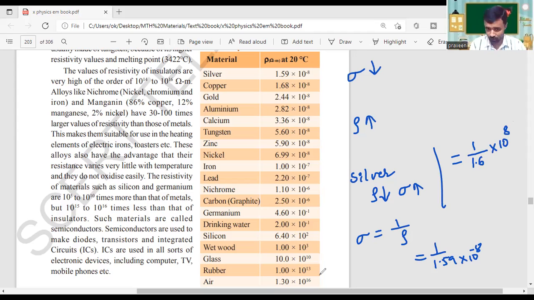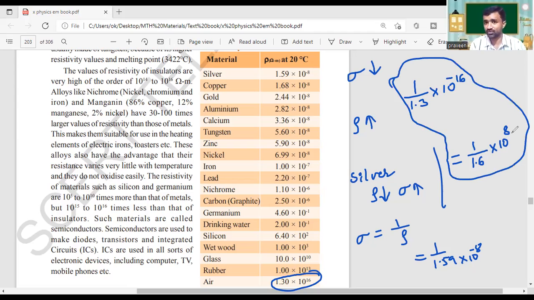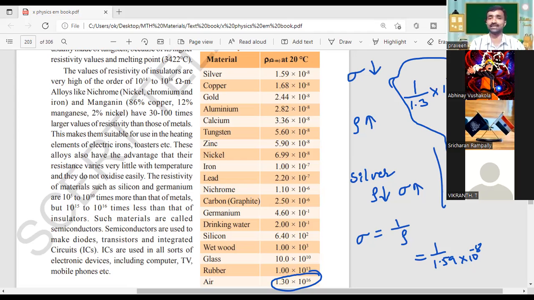Suppose if you go for air, it is 1 by 1.3 and that power comes to the numerator, becoming negative. So now compare these two values. Which is greater? This one, positive power; negative power is always smaller. So like this, you can understand about the conductivity. Are you clear about this? How I got conductivity values here for the air and silver? Yes.